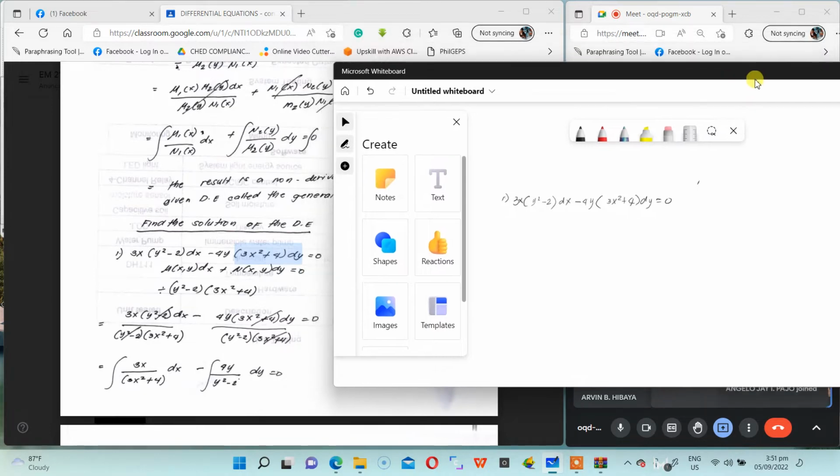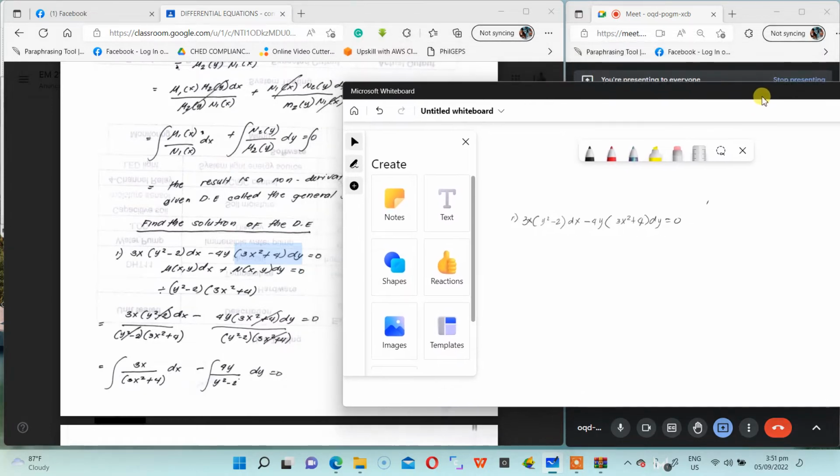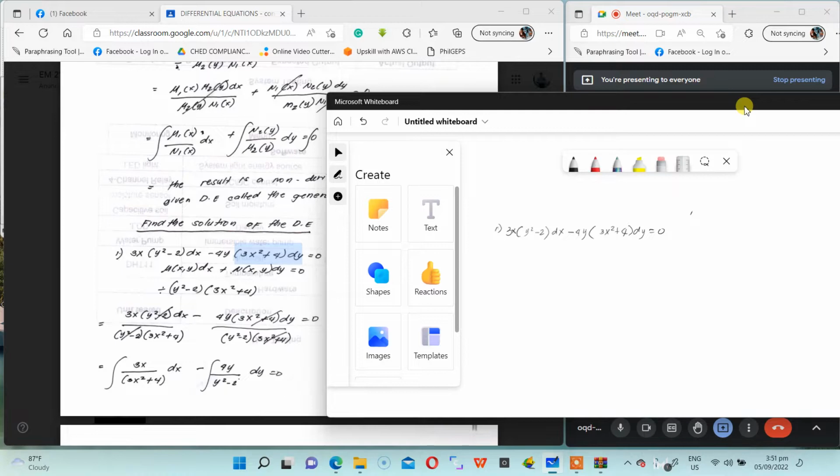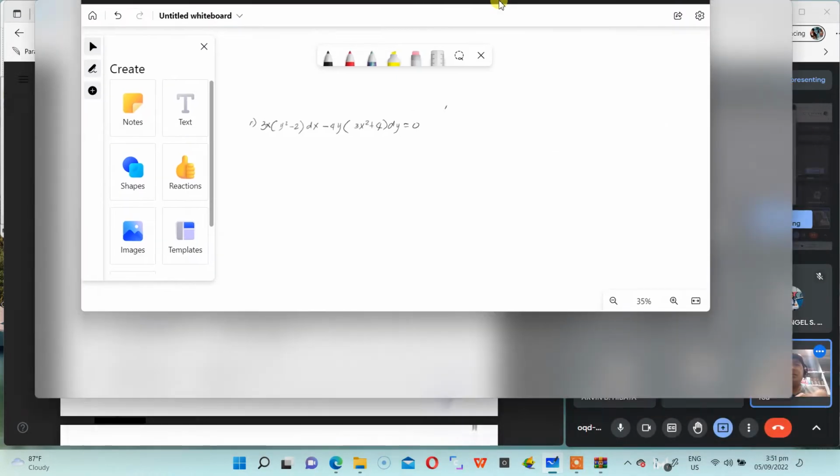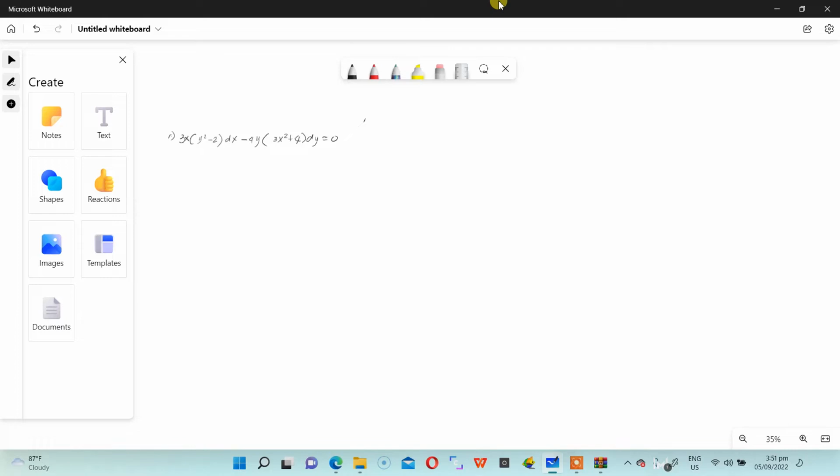From this given equation we need to solve for its corresponding general solution.